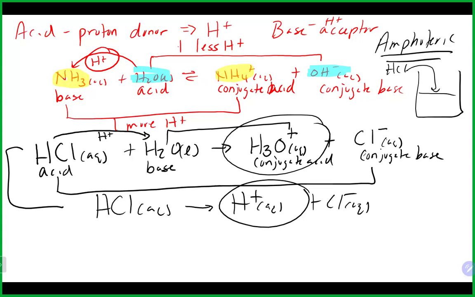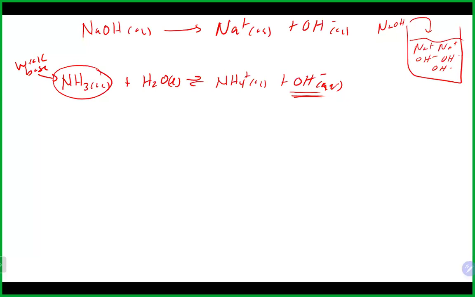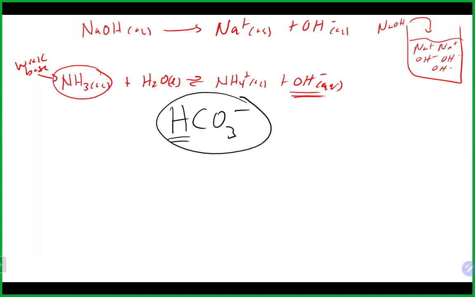Yeah, amphoteric is a substance that can act as an acid or a base. So water in this example, in certain cases, can act as an acid or base. As we will see, there are several things that have that ability. A lot of things that have a hydrogen and a negative charge can act as an acid or base, because they have the hydrogen to give, but they can also accept a hydrogen because of the negative charge.